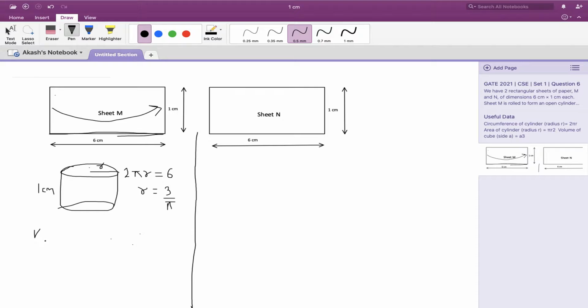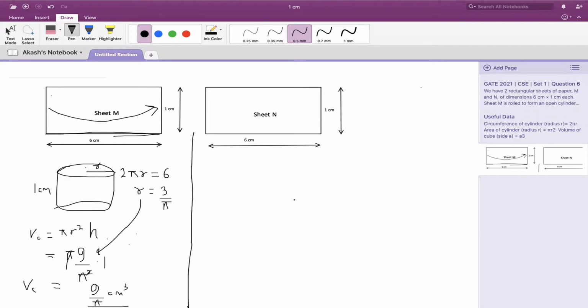Now, we can calculate the volume of the cylinder as pi r square h, which turns out to be pi times 9 upon pi square times h, that is 1 centimeter. So this would give us the volume of the cylinder as 9 upon pi centimeter cube.